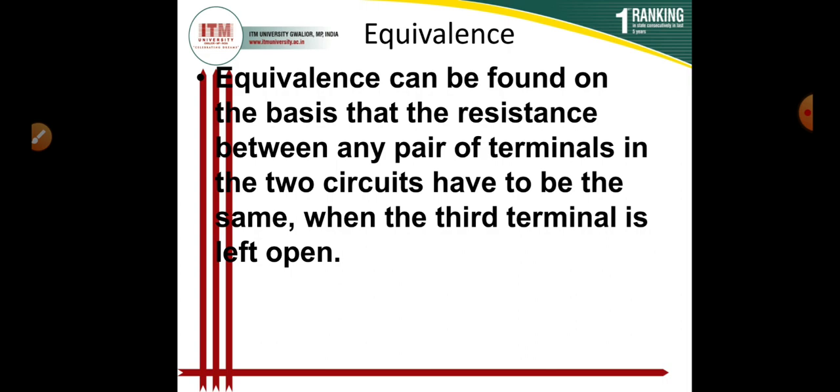The terminals may be 1 and 2, or A and B, or B and C, or A and C, whether it is a star connection or delta connection. The same thing I have written here: equivalence can be found on the basis that the resistance between any pair of terminals in the two circuits has to be the same when the third terminal is left open.